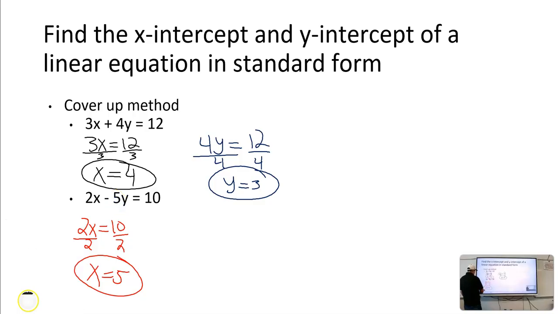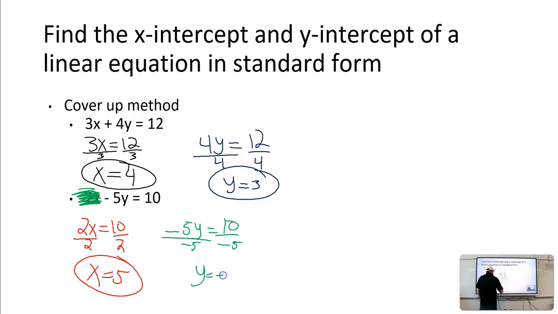Now let's cover up the 2x, and we're left with negative 5y equals 10. Divide both sides by negative 5, and we get y equals negative 2 for your y-intercept.